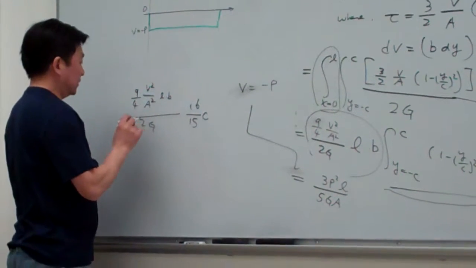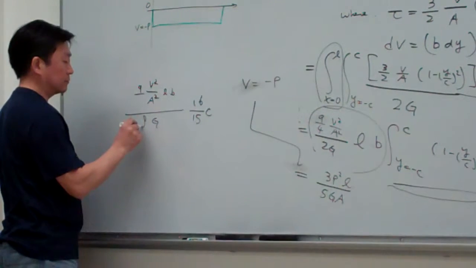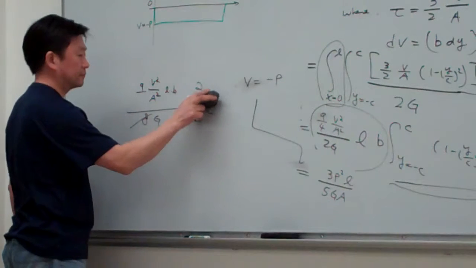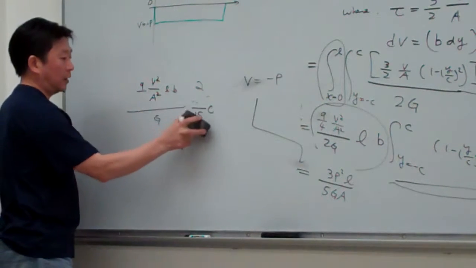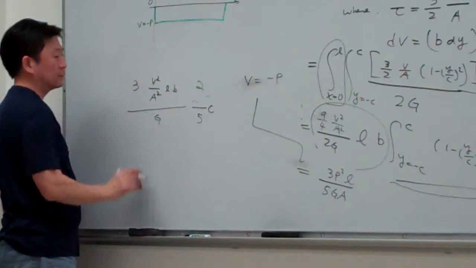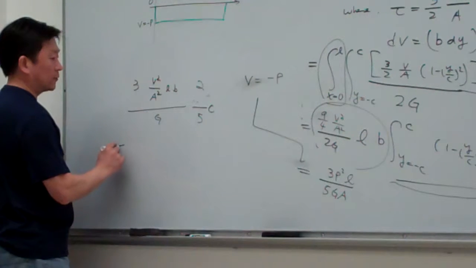So this is 8, divide by this one, this is 2. And this one is 5, this one is 3.